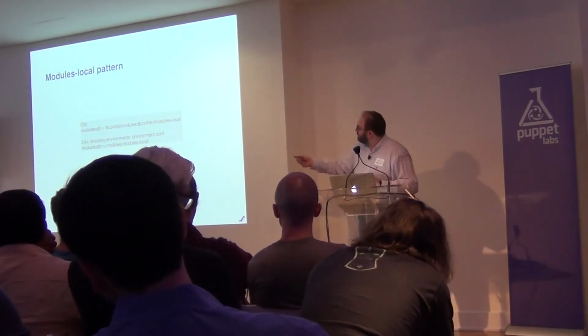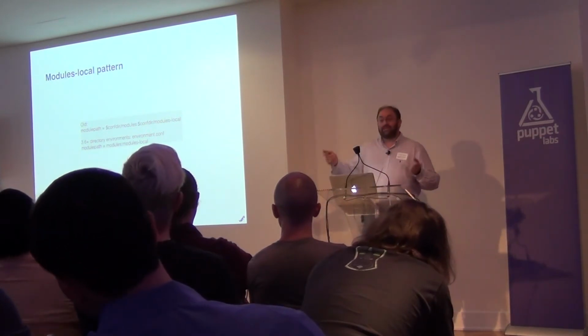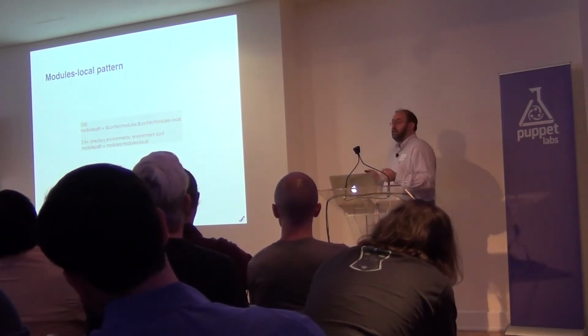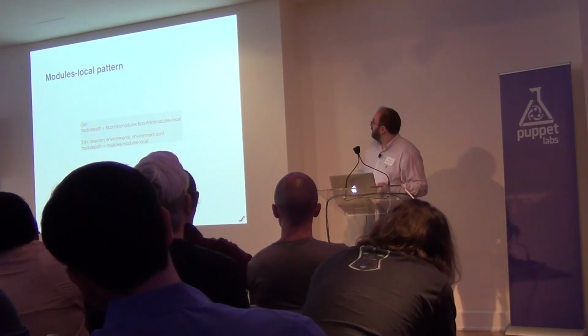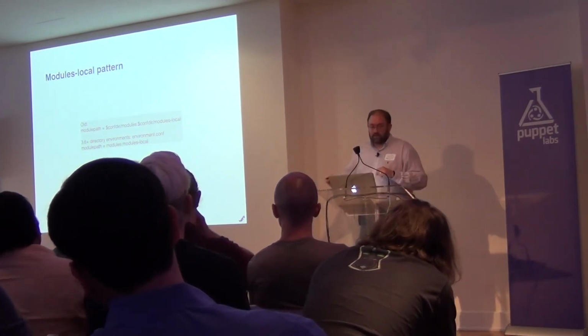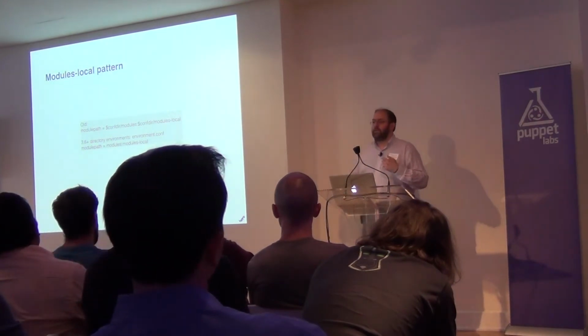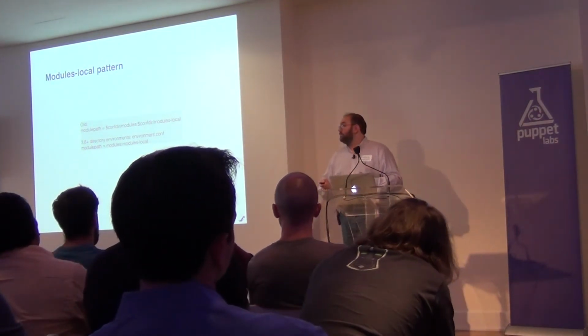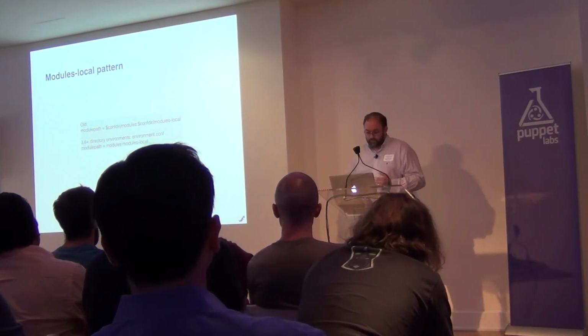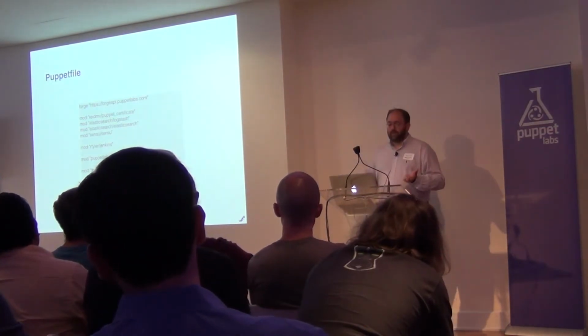This is the old school way, before 3.6, when they added directory environments, how you define it. And the bottom one is the 3.6 environments.conf file, which is the new directory environments that people are seeing in 3.6.